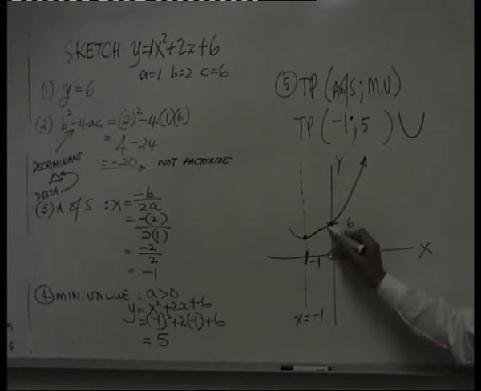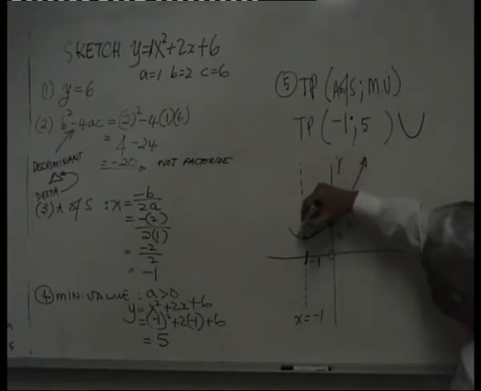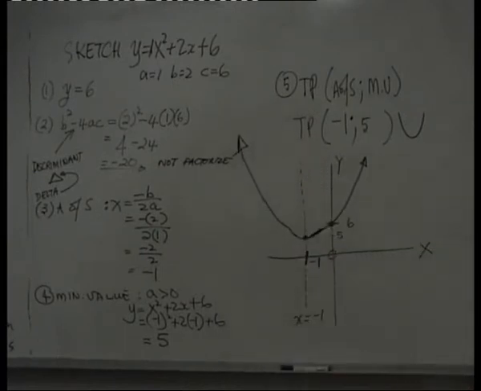Don't worry if it's not a very smooth curve, that's not a problem. Then on the other side, we just continue it that way. So there's your parabola. It has no x-intercepts, and it is drawn.